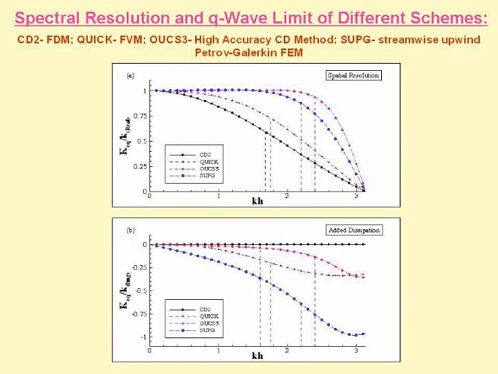Now, on these 2 frames, we have identified the values of KH above which that particular method actually has Q waves. And you can see that the most recent and most successful finite difference method that some of us use gives you the highest Q wave limit, roughly around 2.4.